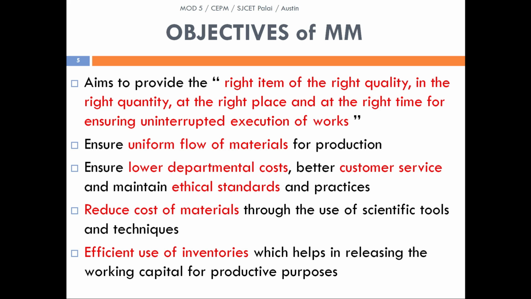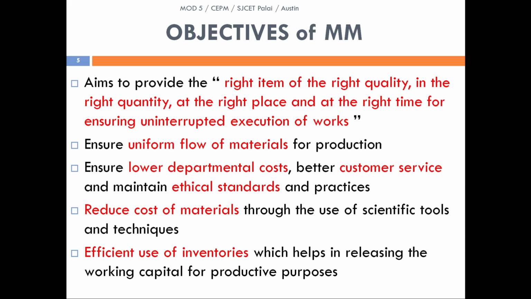The right item of right quality, in the right quantity, at the right place, at the right time, for ensuring uninterrupted execution of work. There should be a uniform flow of processing materials. There should not be any delay, there should not be any interruption to the work being carried out. For that, we need to have 5 rights.